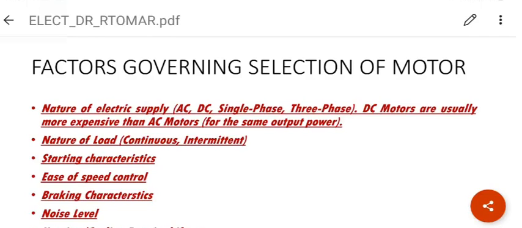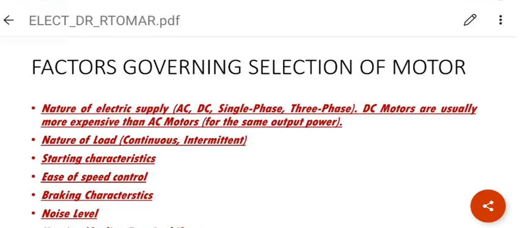The nature of load also is one factor based on which motor selection is made. Is the load continuous? Is it intermittent? Sometimes very small load, sometimes very large load. Depending on that, the motor selection will be affected. Starting characteristics. Do you need large starting torque? In that case, DC series motor is the best.